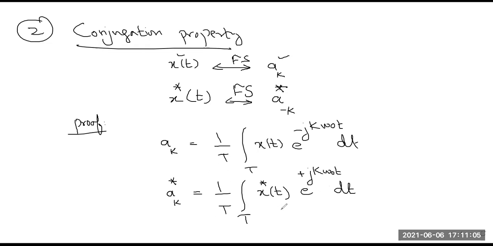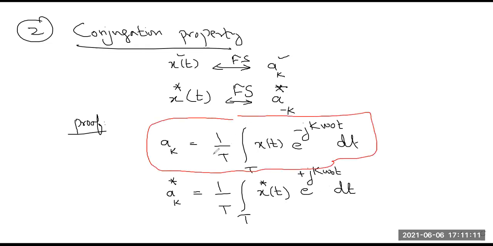Now, if you compare this with the standard equation, it's obvious that in the standard equation we should have minus over here, but over here we have plus. So let's replace k by minus k. I'm going to replace k by minus k on both sides so that it doesn't affect the result.